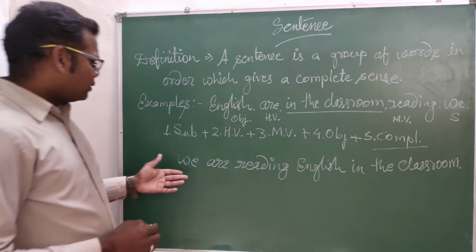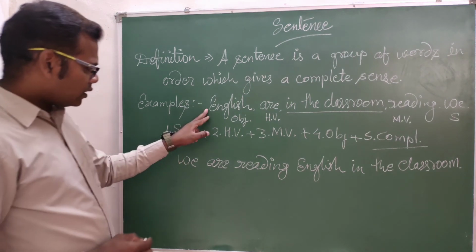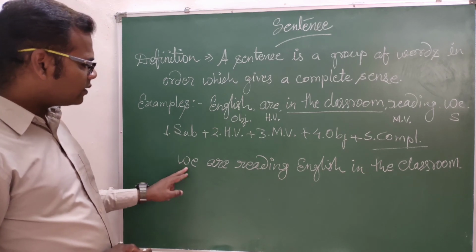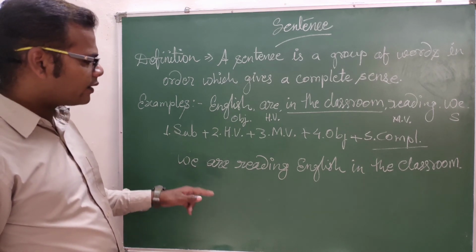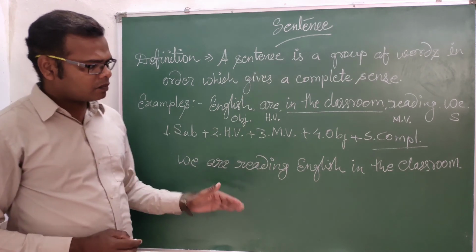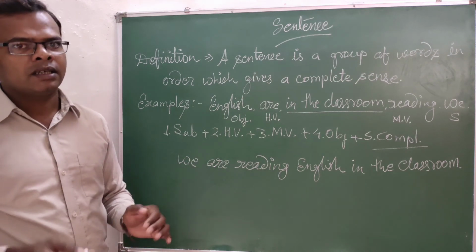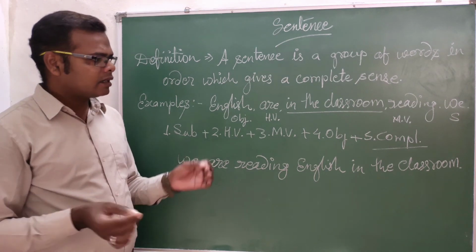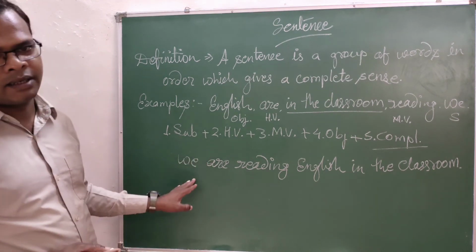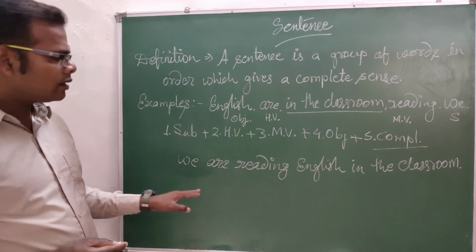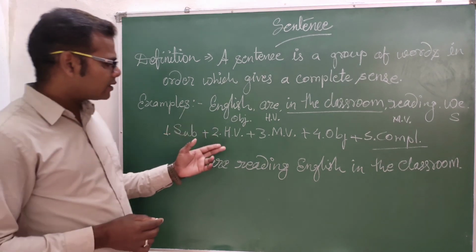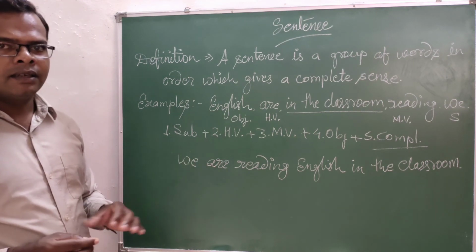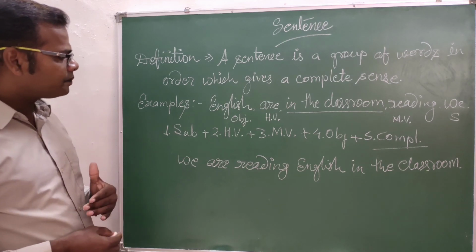So guys, by putting the given words in the basic structure of the sentence, we have made this sentence, it is, we are reading English in the classroom, which makes a complete sense. It is giving us the information that we guys are sitting in the classroom and reading English. So guys, this is about how to make a sentence using the basic structure of a sentence and given words.